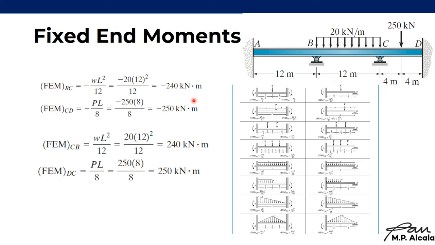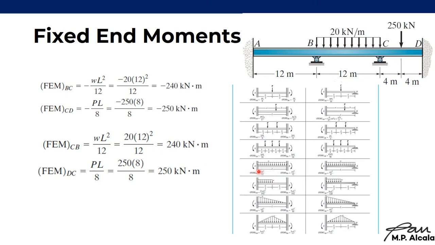BC gives us negative omega L squared over 12, negative because of the clockwise direction. Now how about FEMCB in this segment? You'll just have the opposite, counterclockwise for CB.